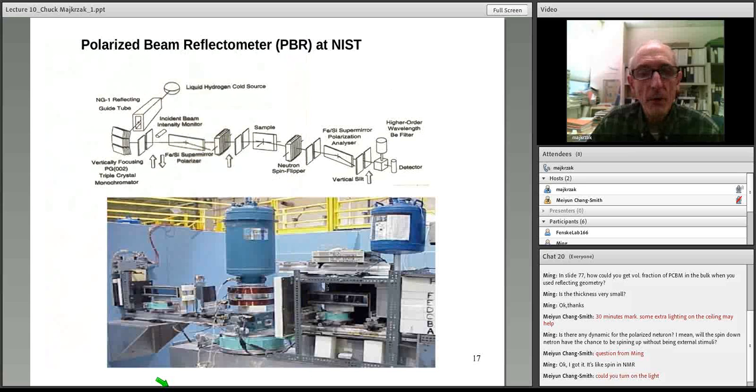This is what a polarized beam instrument reflectometer actually looks like. And it's the same as an ordinary reflectometer, except that in addition to the monochromator and the angular divergence defining masks or apertures, there are polarizing elements, mirror type elements that act, as we discussed in the previous slide, and devices, magnetic fields that are orthogonal to a guide field that's usually taken to be normal, that can rotate the spin.